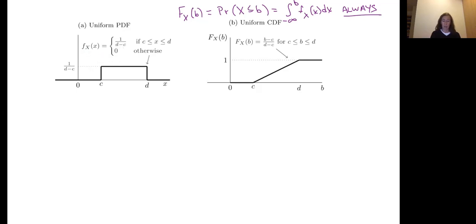So it's equal to 1 over d minus c in the range from c to d, and it's 0 everywhere else.